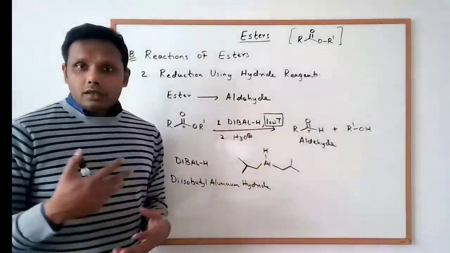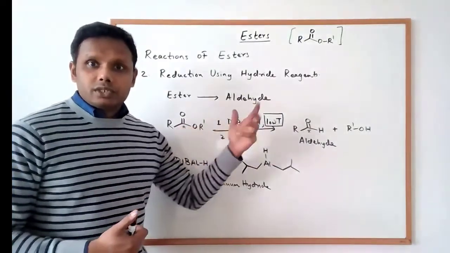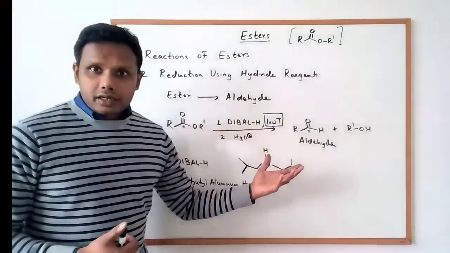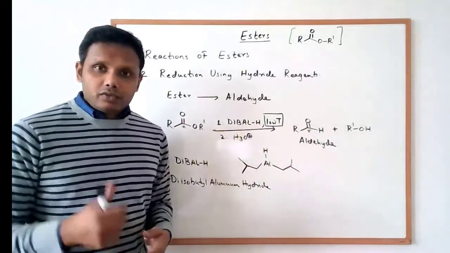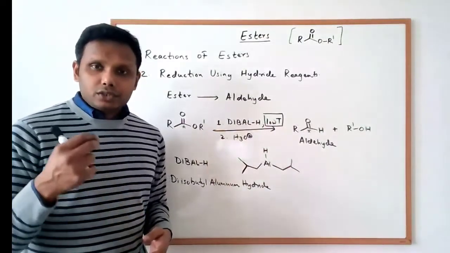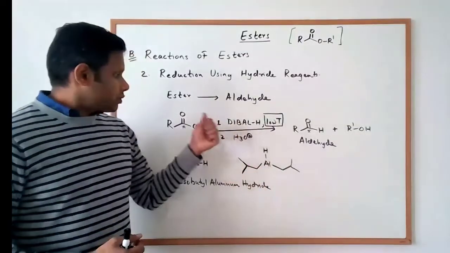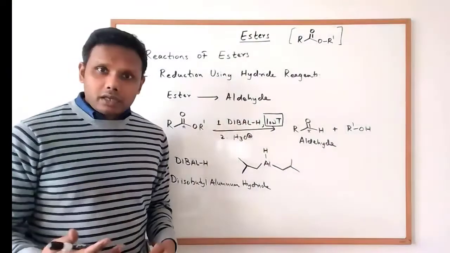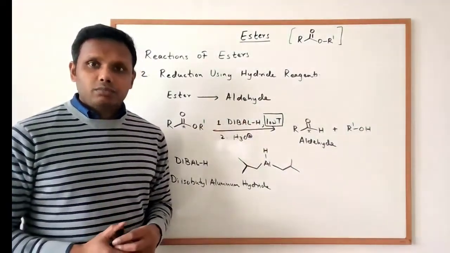So depending on what you want to do with the ester molecule, whether you want to reduce it completely to an alcohol, or you want to stop at the aldehyde, you can choose an appropriate reagent. If you want to reduce an ester completely to an alcohol, you use lithium aluminum hydride. If you want to reduce the ester to an aldehyde, you would use DIBAL-H. Those are the two reagents that make these reactions possible.